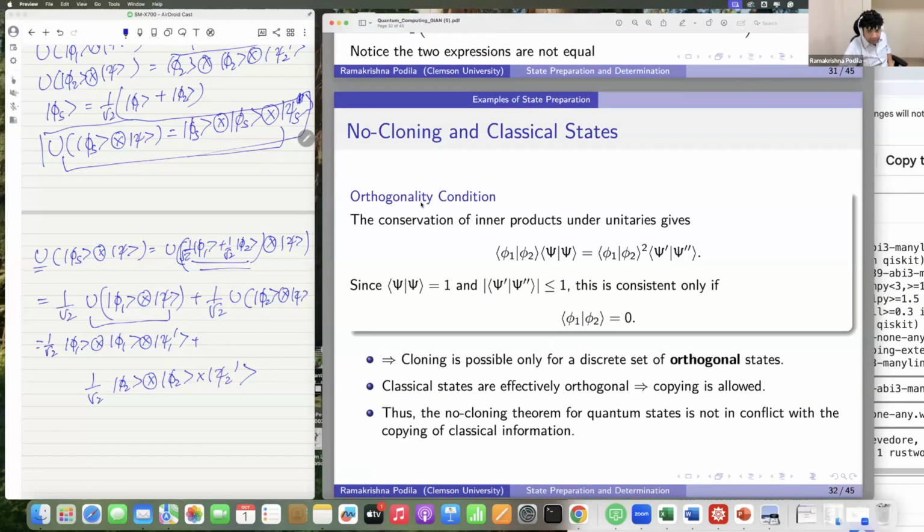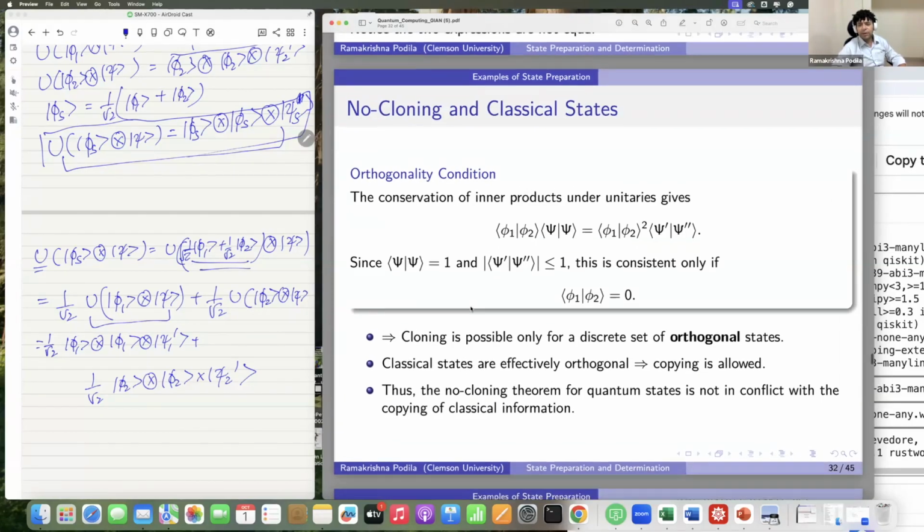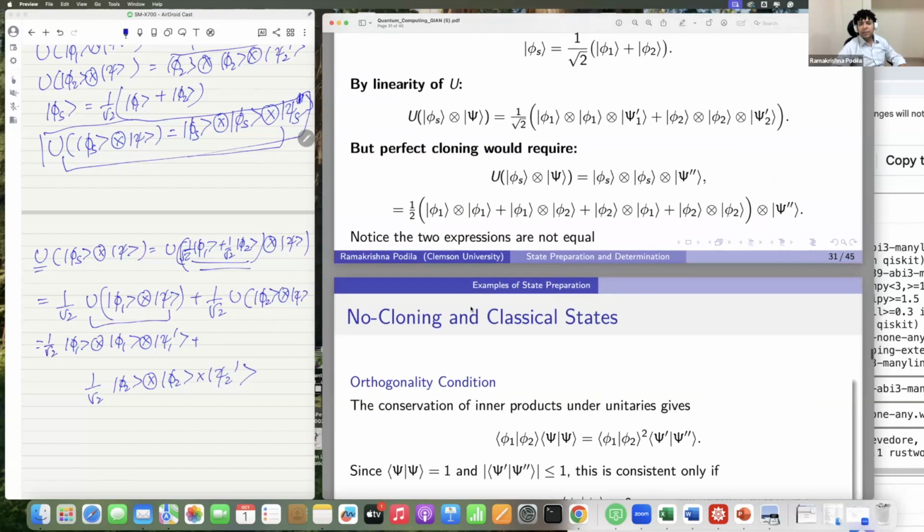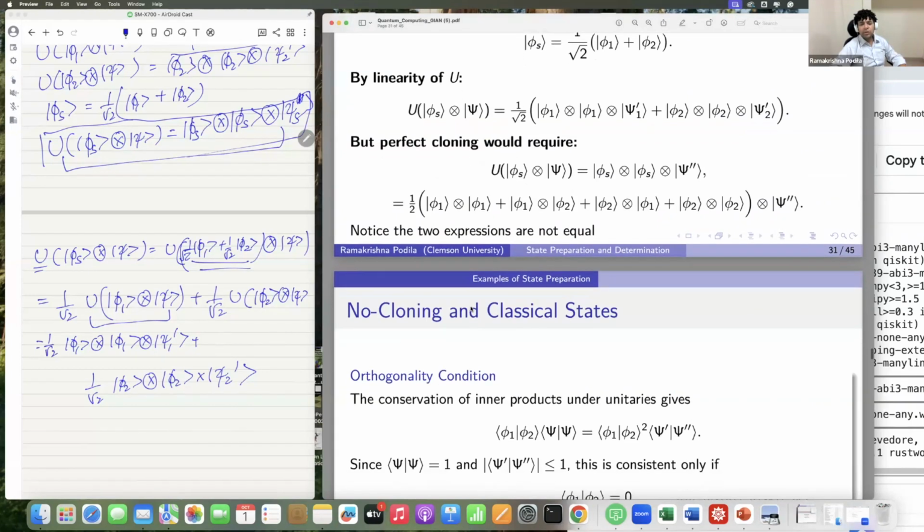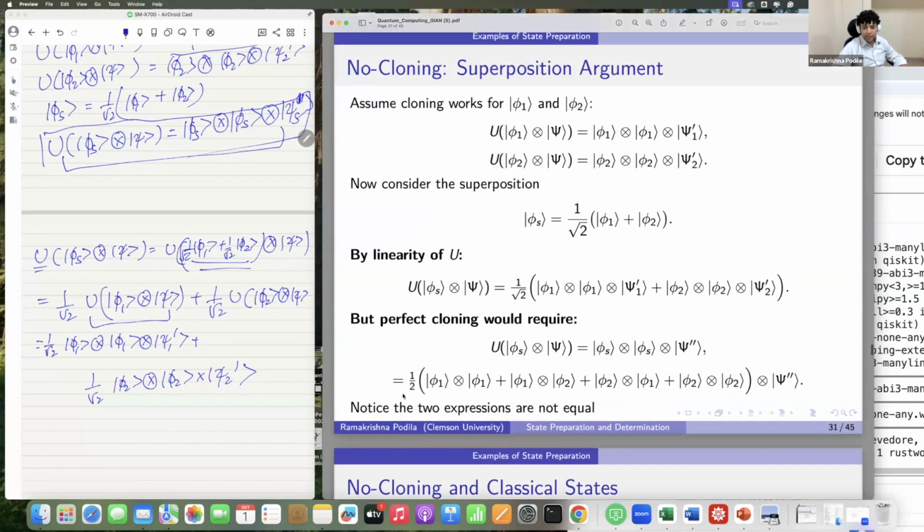If they are actually discrete orthogonal states, then you can actually copy them, with a half instead of the 1 over square root 2 factor. So they would match, right? Yes, this should be 1 over, okay.